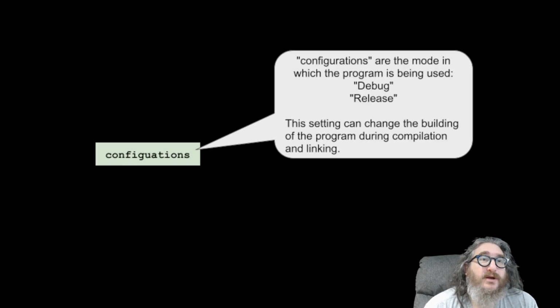If you look at the Premake documentation, it says the names don't really matter, except they have to match whatever system you're using. So for example, in Visual Studio, debug and release are two possible options that we can use for configuration. Let's go ahead and write that in now.